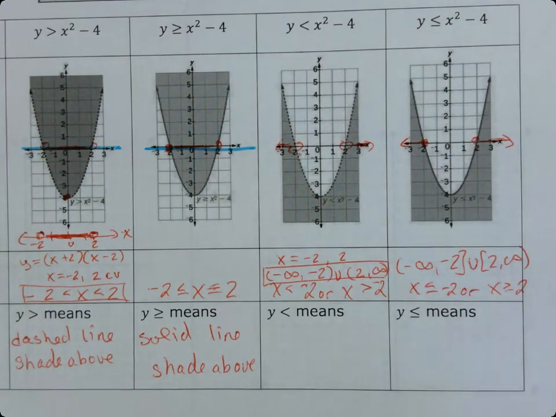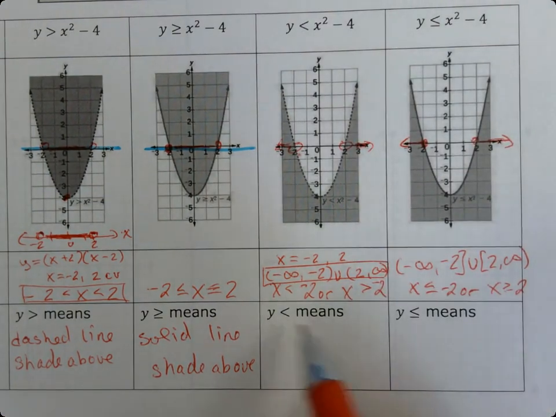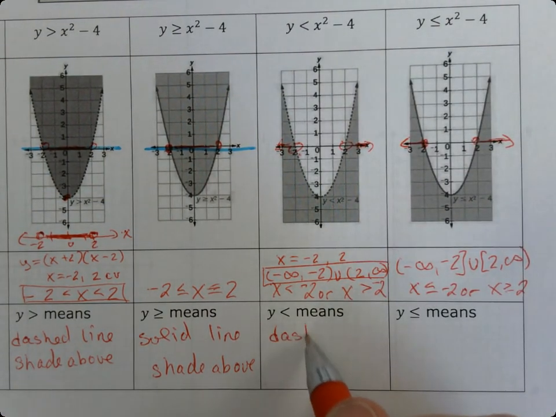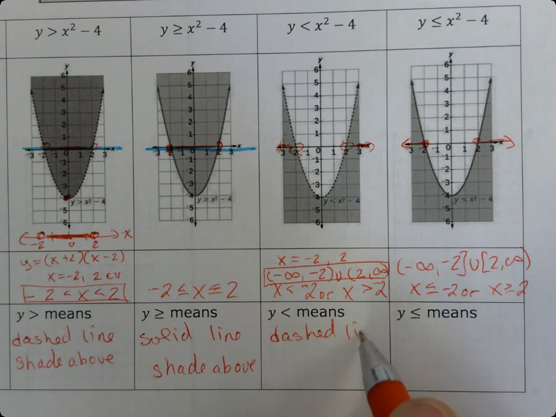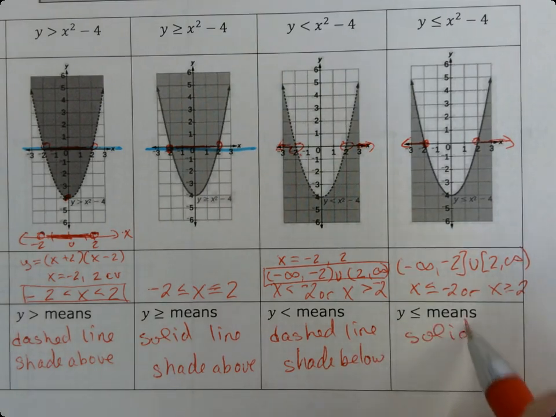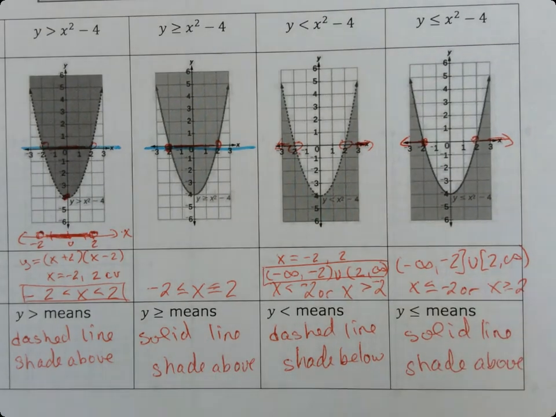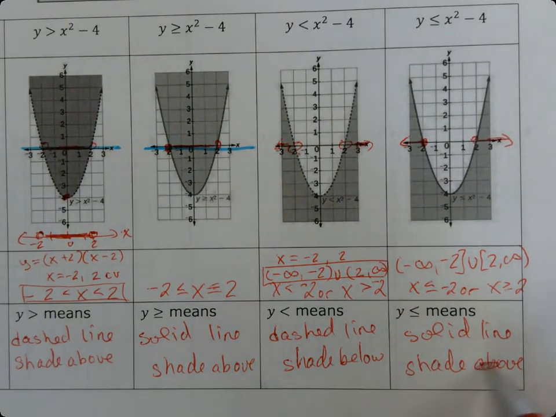So we're connecting it, but we're actually graphing the parabola on the Cartesian plane. Again, this would be a dashed line, but we're going to shade below. Dashed line, shade below. And this one would be a solid line and shade where? Below. Okay.